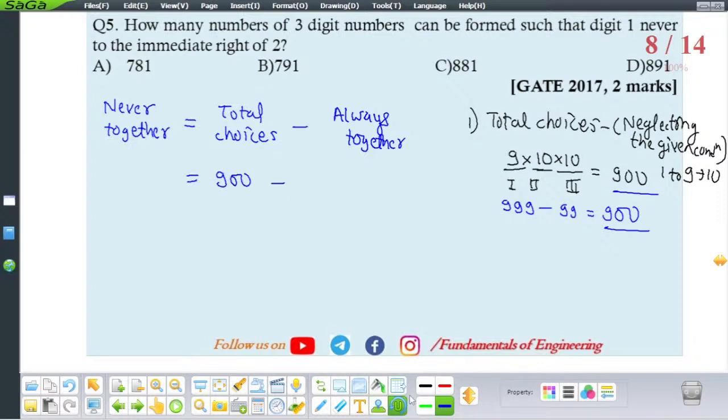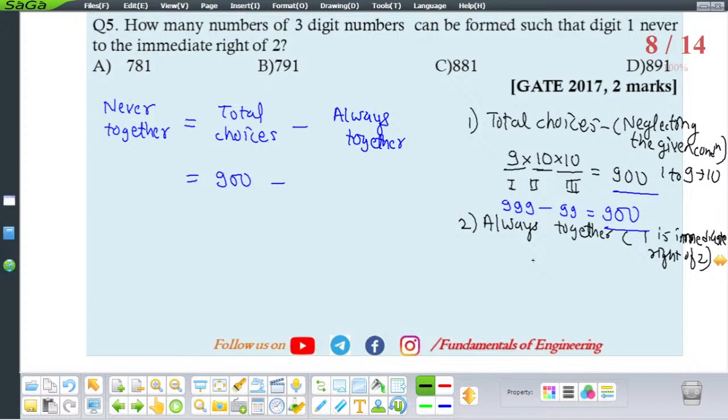Right. Now always together. Second is always together. Means 1 is immediate right of 2. What are the possible choices we are getting? 1 is immediate right of 2. The reverse we are solving.